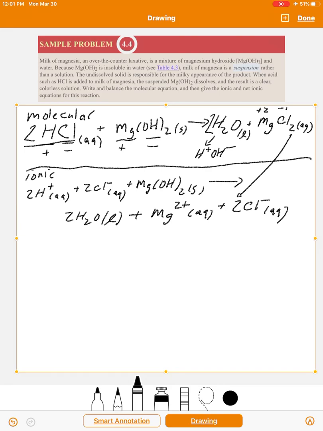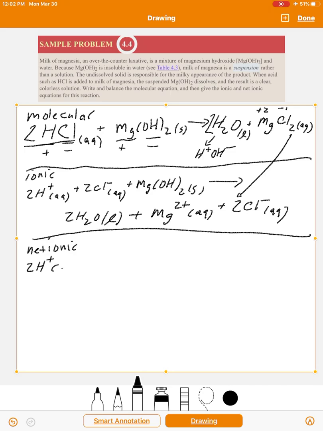Okay. Finally, the net ionic. For the net ionic equation, anything that's identical on both sides you can cancel out. Looking at this equation, the only thing that's identical is the chloride, the 2Cl minus. Everything else is different. So you can cancel the 2Cl minus and just copy down everything else that's left.